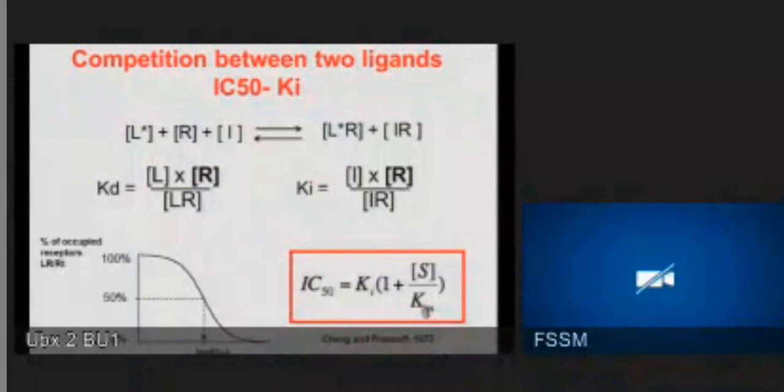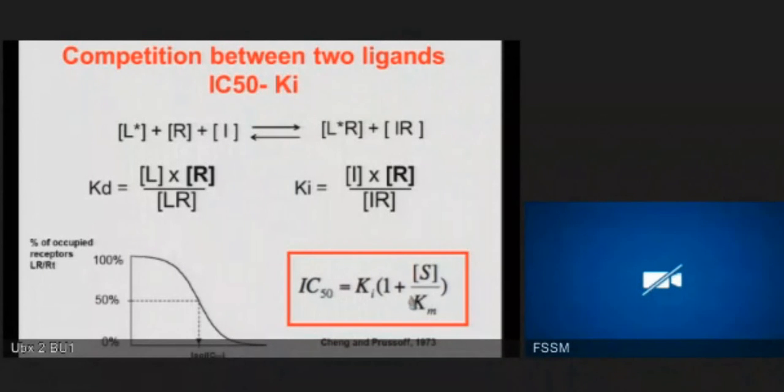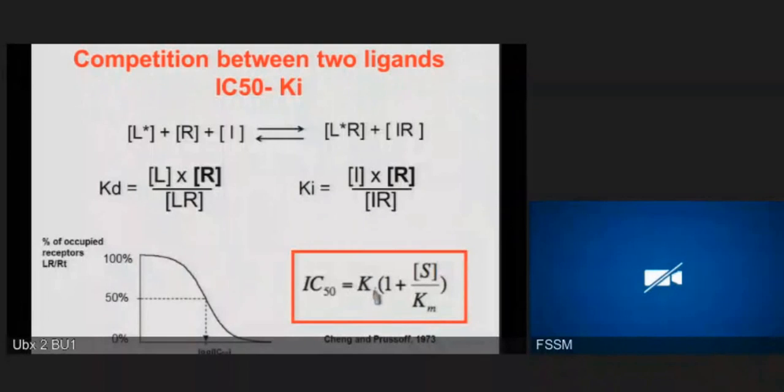Because we know the Kd of L for R, because we have been using this for years, we can obtain, with the following relationship, IC50 equals Ki times 1 plus S for substrate, but L for ligand, on Kd.